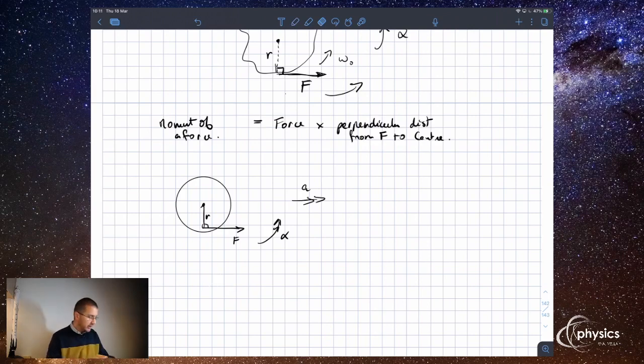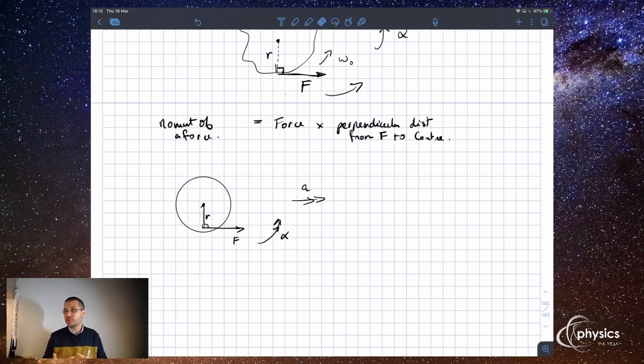So if you apply, and I have already done this before, just one force on an object, and the center is here, this object will start rotating, okay, because you are applying a moment of a force. But at the same time, you are applying a resultant force, so it will start rotating and moving linearly at the same time. You have a resultant force and a moment of a force, so you have angular and linear acceleration.